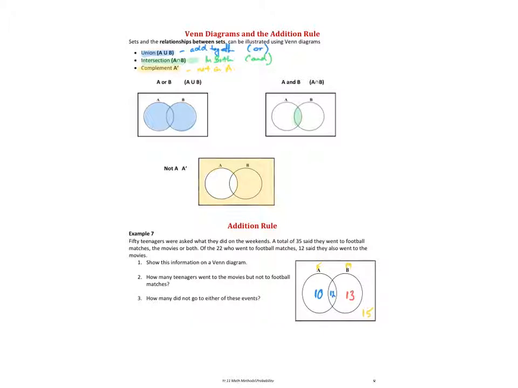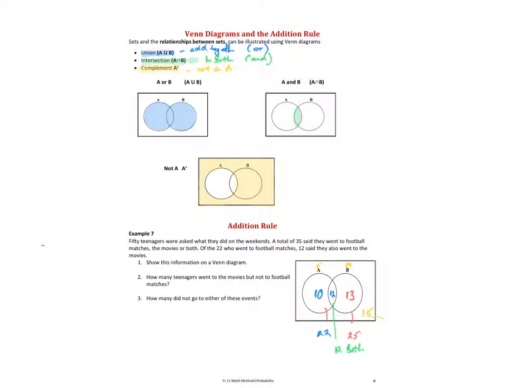If we check that, we've got in blue, 22 went to the football. We can say in red, 25 went to the movies. And I might just call it green, 12 did both.